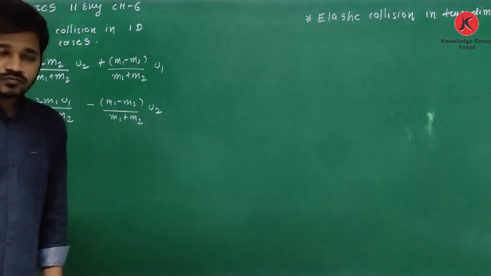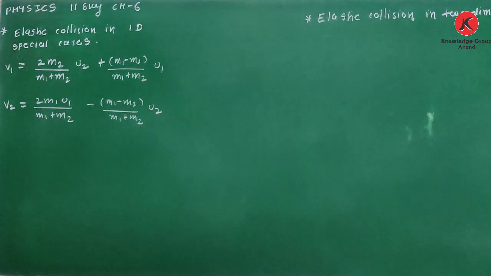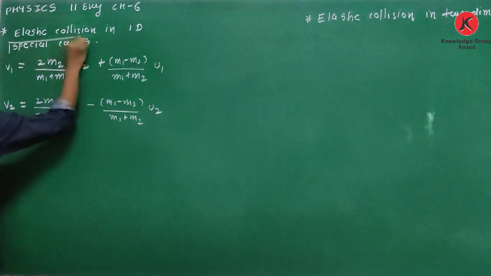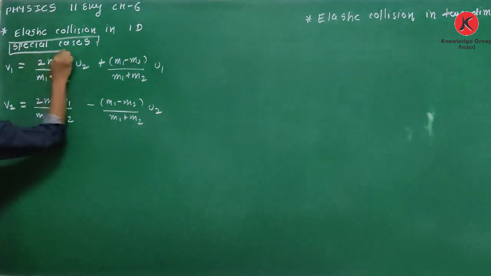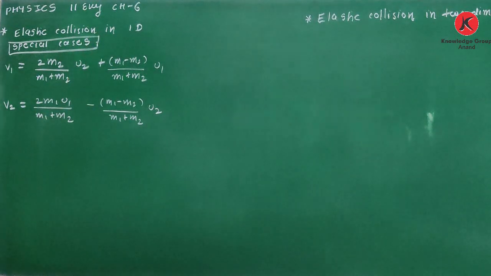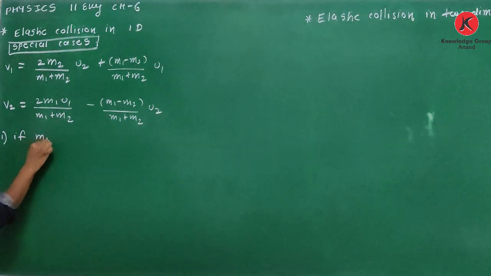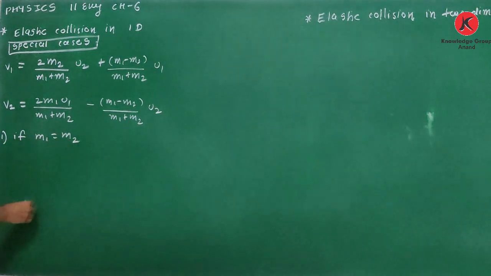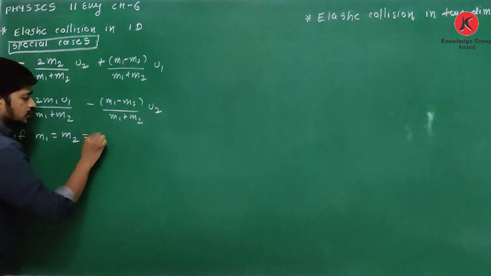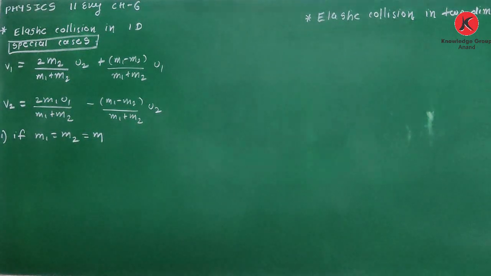Now we will discuss some special cases for this elastic collision in one dimension. First case, if m1 is equal to m2 is equal to m, meaning both objects have the same mass, then what happens?